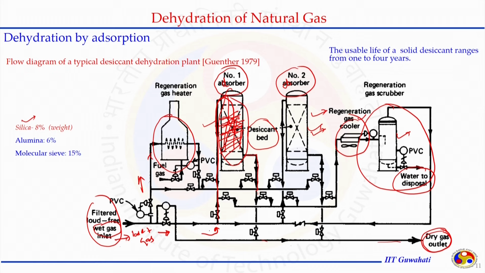Otherwise, if we look at this sheet, we have 2 towers, but multiple towers could be there. With the desiccant bed packing, the efficiency depends on the packing it has. There is a heater and cooler combination to heat the natural gas so the regeneration process can be effectively performed, and then further cooling the natural gas so it can go to the dehydration process, and at the end we have a gas scrubber which separates the water out from the regeneration gases.